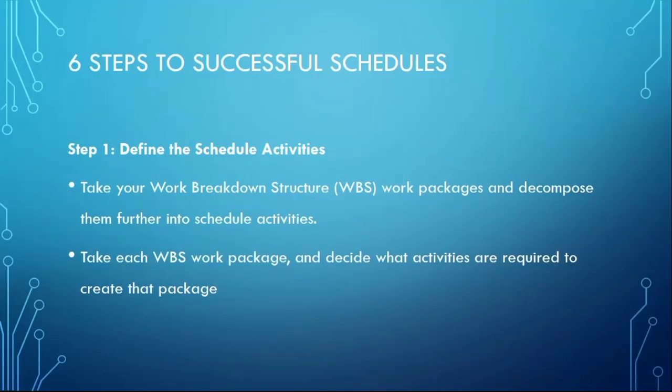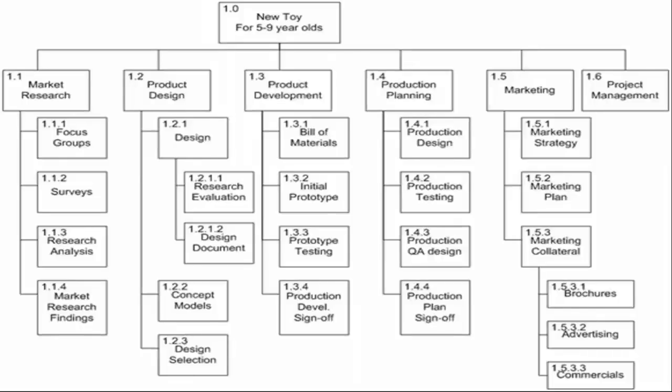Let me take you back to that listing that we have. Look at point number 1. As we want to define our schedule activities, we said take your work breakdown structure, your work packages, and then split them further. The project itself is a new toy for 5 to 9 year olds.